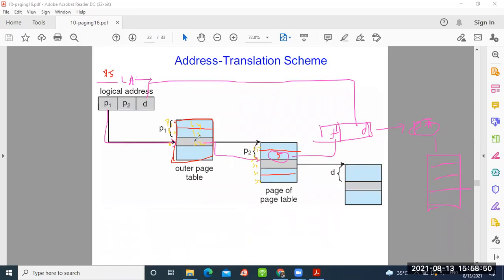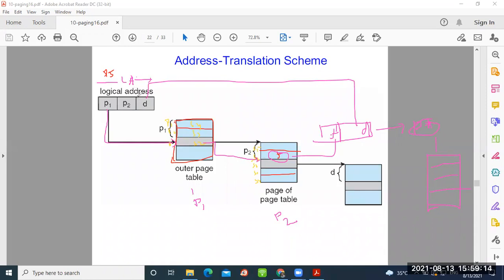It is very simple. First thing you have to remember: instead of one page table, here we have to maintain two different page tables, which I name P1 and P2. Second thing, your logical address is divided into three parts if it is two-level paging.